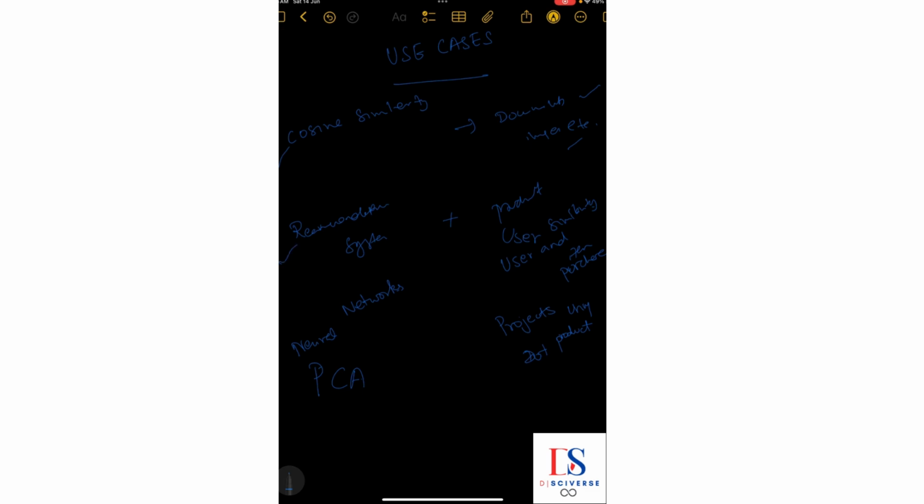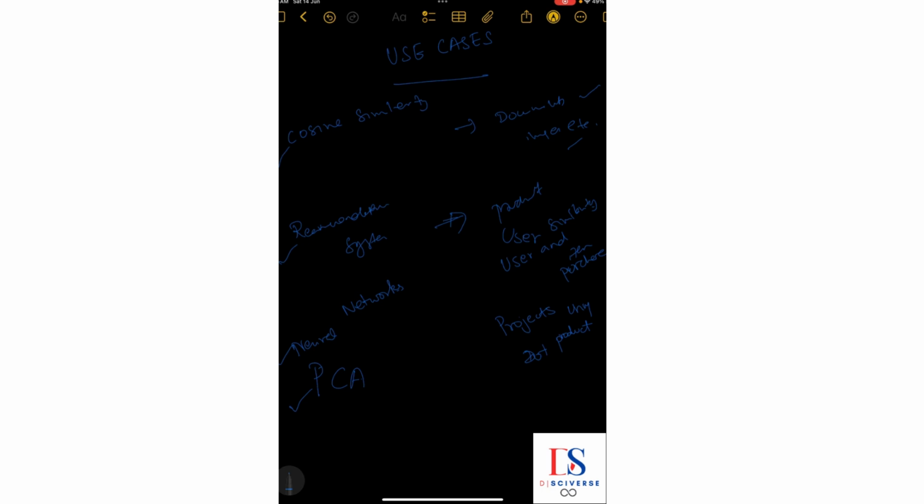Secondly, the use case in recommendation systems. It is used to find product similarity, user similarity, and user-to-item similarity, etc. Thirdly, it is used in neural networks. The dot product is the core of matrix multiplication in every layer of deep learning. The fourth one is in PCA.